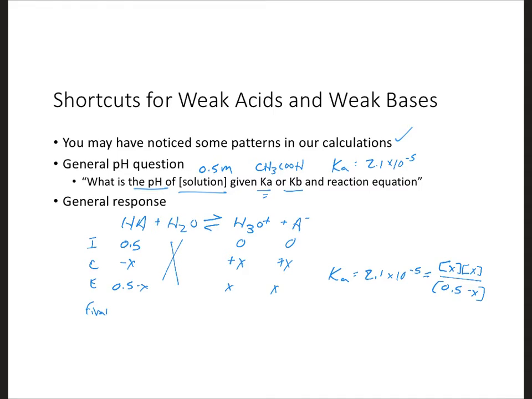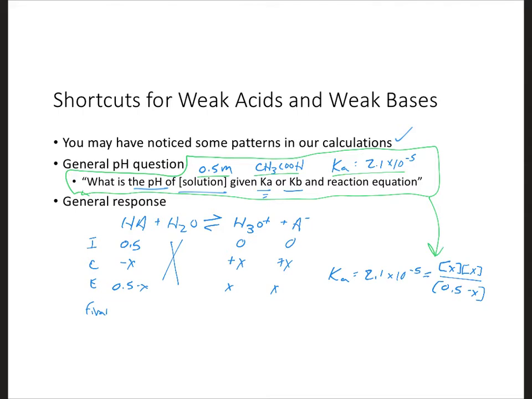But really what we need is not the ICE table for this. Now that we've done this a couple times, we see that general pattern. What we need is the information that's in the question, like the concentration of the acid, the identity of the acid, the Ka of the acid, and we should be able to jump straight down here.